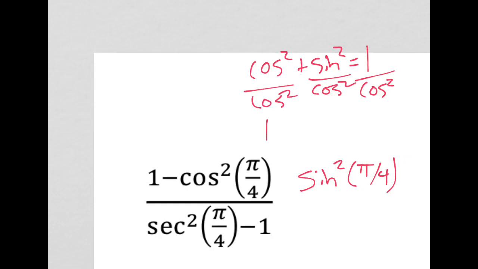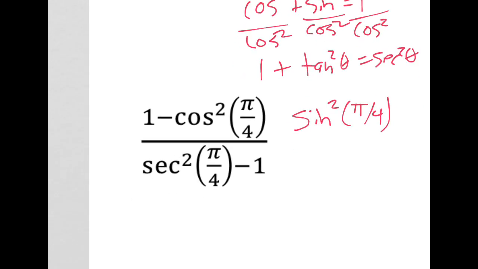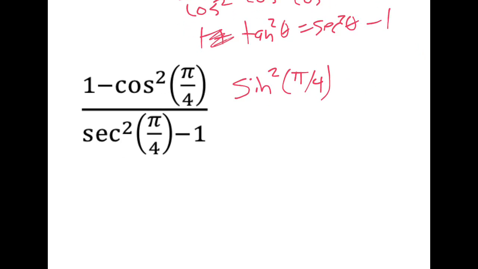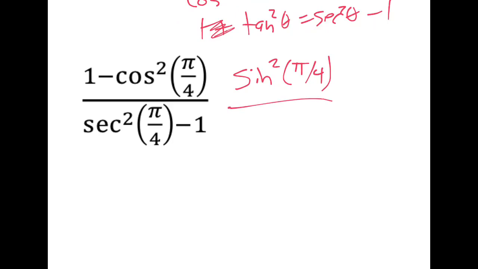I'll get 1 plus tan squared theta equals secant squared theta. And now I can rearrange that to get secant squared theta minus 1 equals tan squared theta. So that denominator is just going to become tan squared of pi over 4.